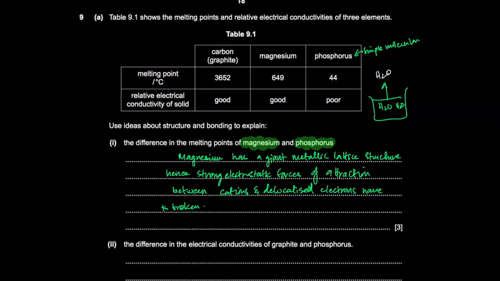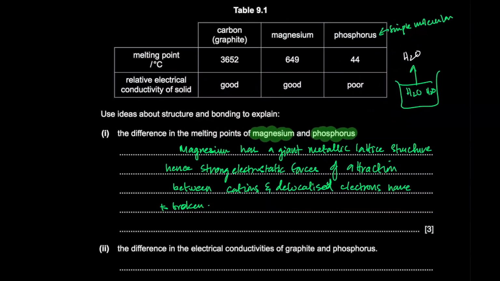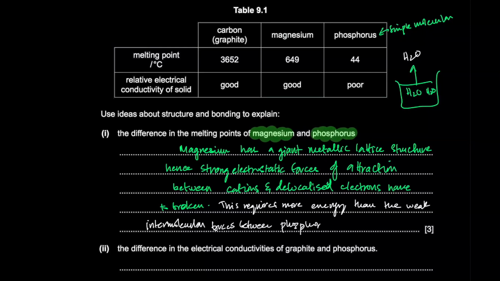And these attractions are stronger. This requires more energy than the weak intermolecular forces between phosphorus molecules.